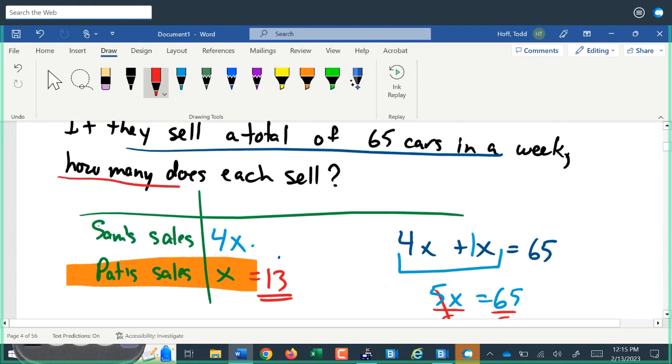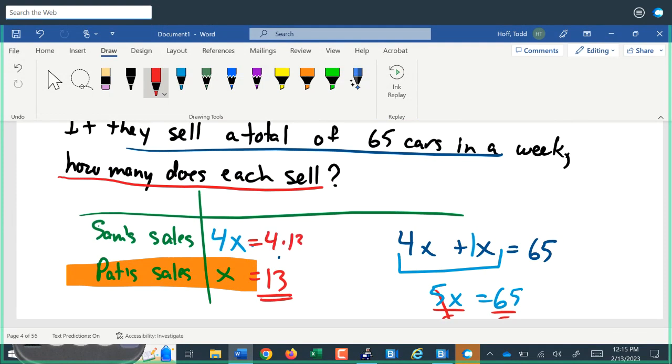The question asks us, how many does each sell? We've only answered part of that. We've only answered how much Pat sells. We have to show how much Sam sells. Well, Sam is 4 times X. So 4 times 13 is 52. Sam sold 52 cars. Now we have completely answered the question.